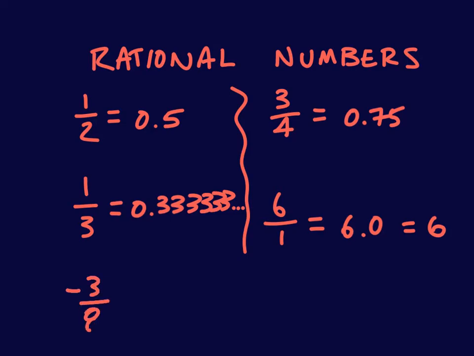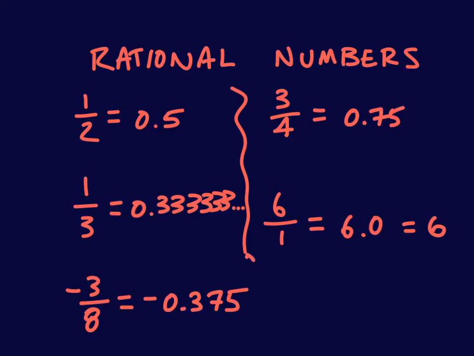-3 over 8, okay? If I were to find the decimal approximation of that, that's going to give us a value of -0.375, okay? Because that decimal terminates, we can call it a rational number.